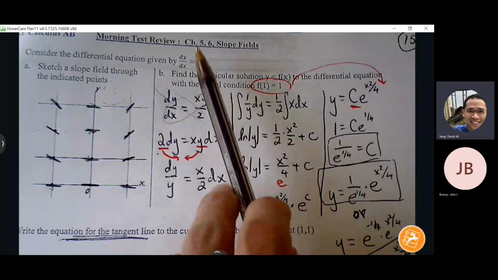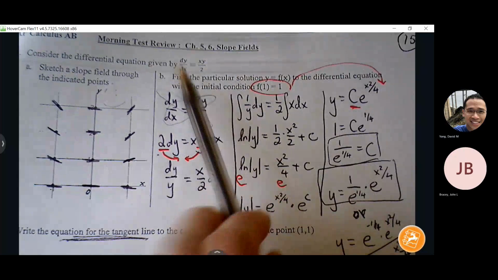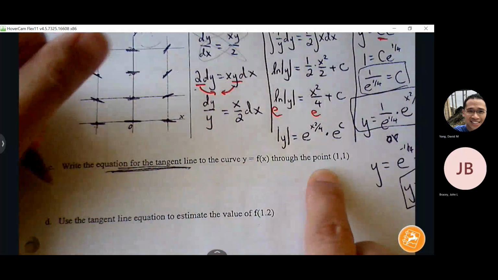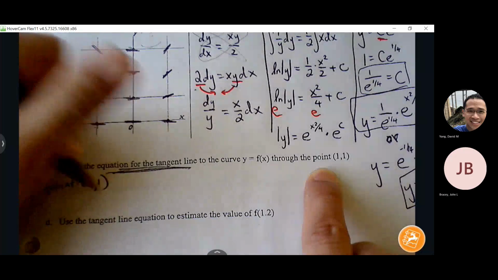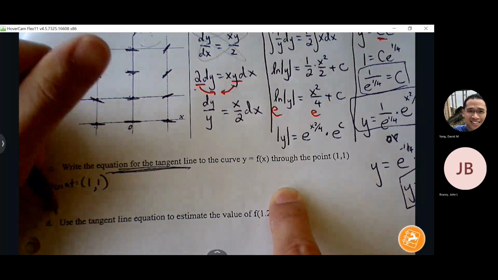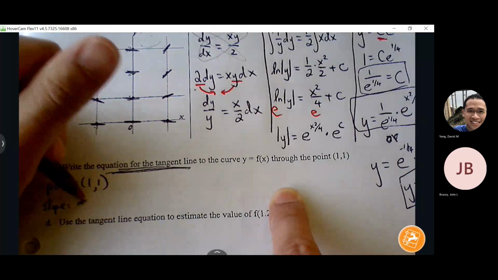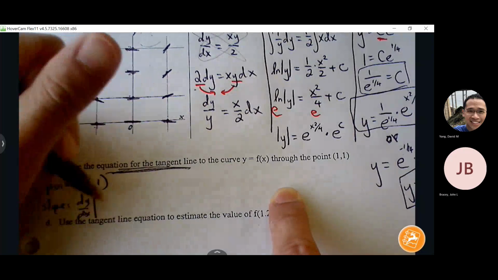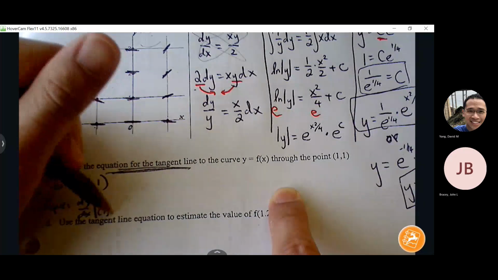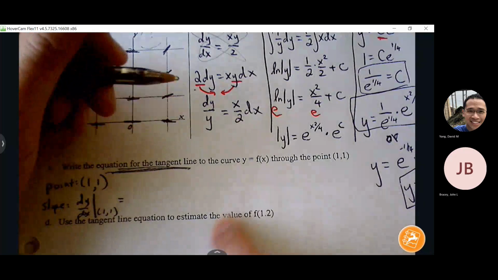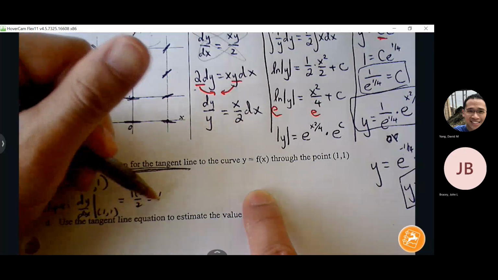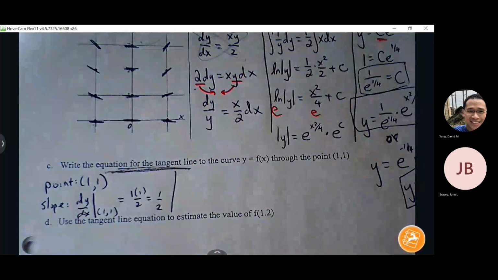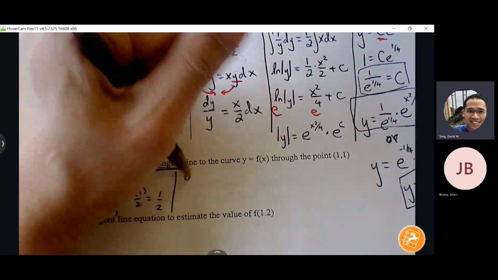Slope comes from your derivative equation. Slope is 1/2.